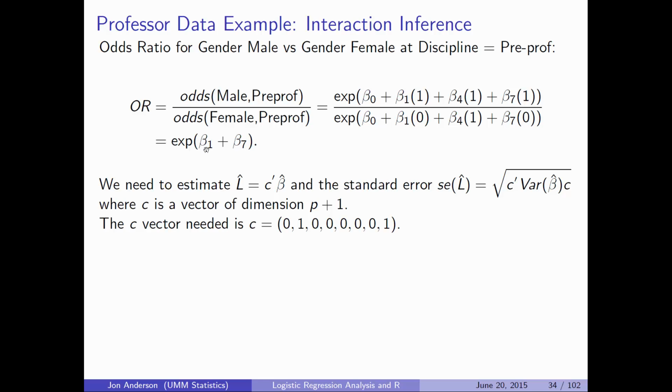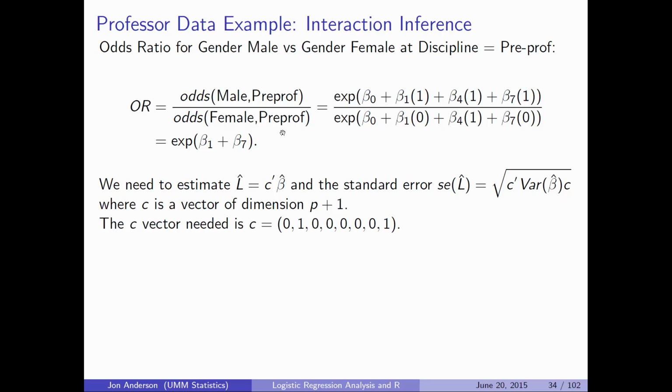That means that to fully estimate this odds ratio, we need to estimate the linear combination of these betas, substituting in their estimates, the beta hats. So this L hat is just going to be 1 times beta 1 hat plus 1 times beta 7 hat, and all of the other betas will get multiplied by zeros because they're not included in this linear combination.